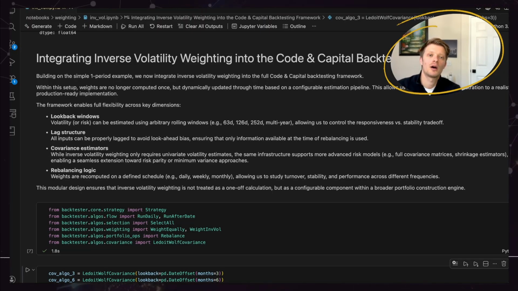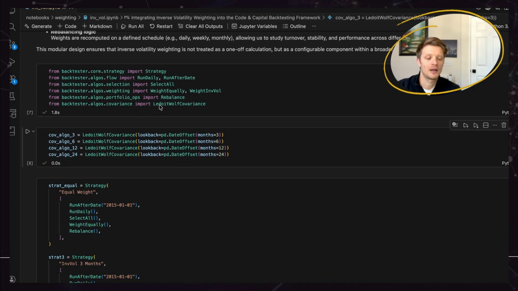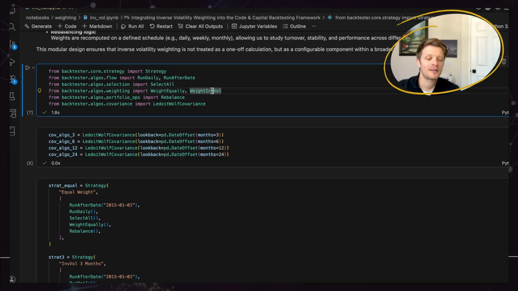To run our inverse volatility weighting strategy on our multi-asset universe over time, we will test it in our Code and Capital backtesting framework. As you can see, I already imported everything we need, for example, our strategy, as well as our inverse volatility weighting package.